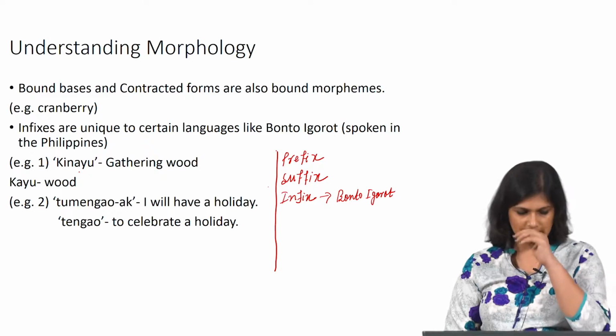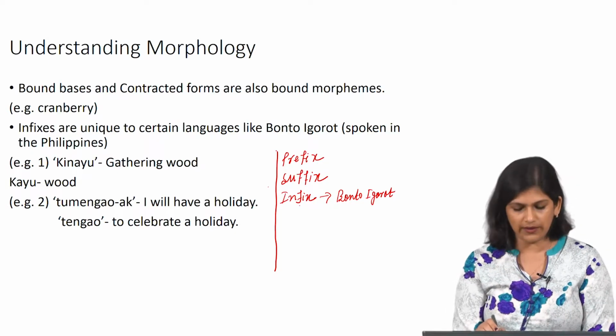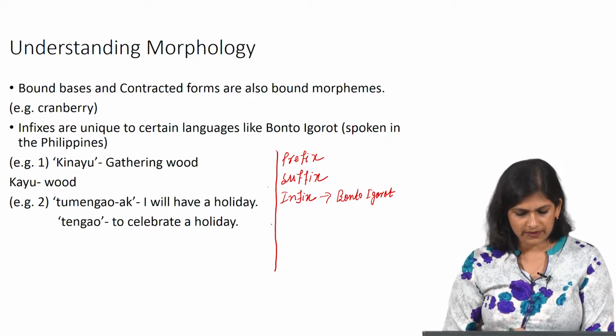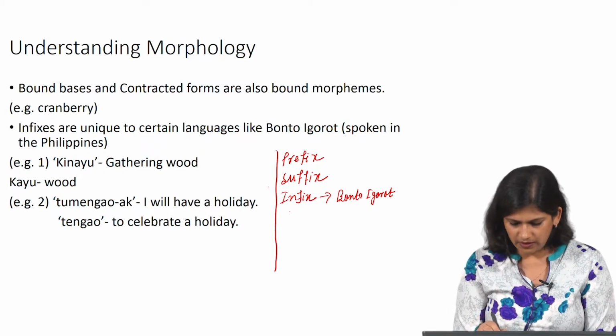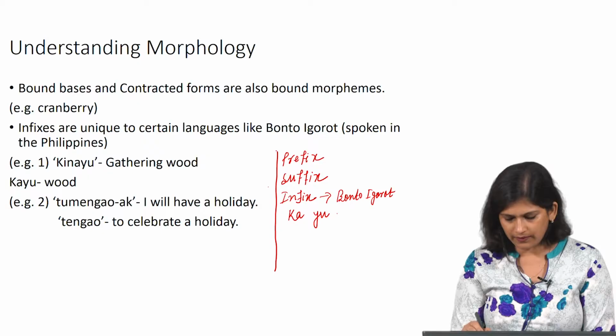And then there is another word called kayu. So, kayu means what in Bontoc-Igorot? That is wood. Now let us see how we are going to figure out what is the infix here. So, this is kayu versus kinayu.